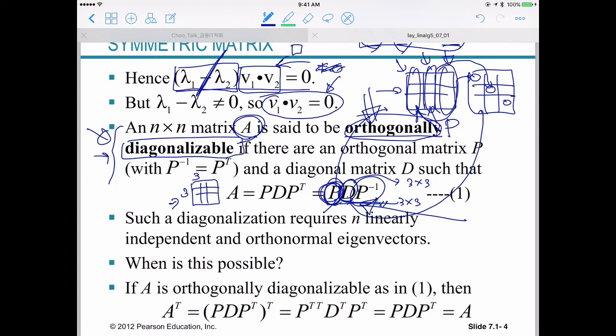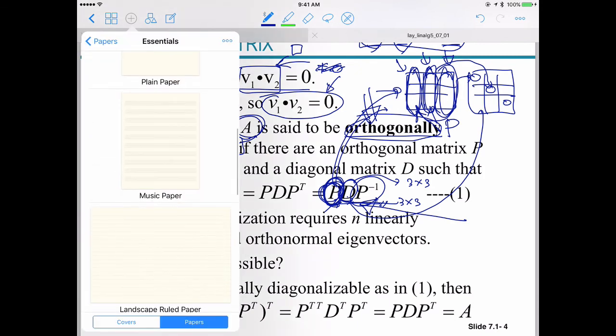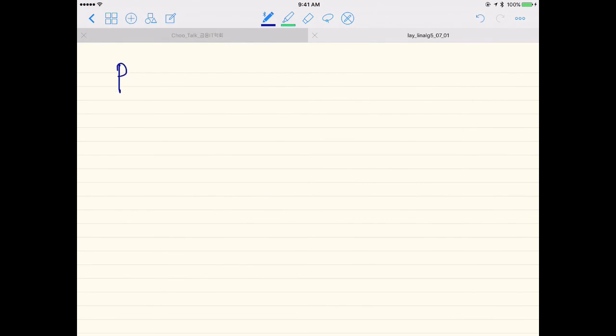That's when your matrix P can be formed with orthonormal columns. In that case, what was P transpose P?